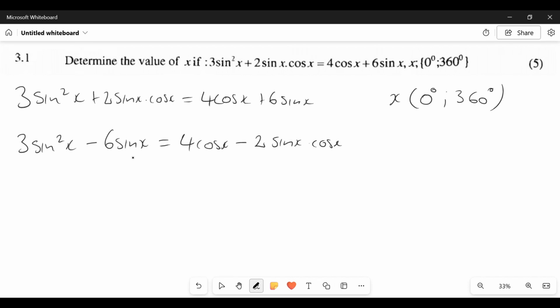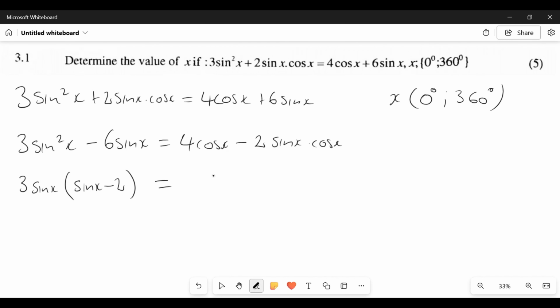There we go. Then from here we take out the common factor from this one. If you take out the common factor here, guys, it's 3 and sine x. If you take out 3 sine x, you'll be left here with sine x minus 2. There we go.